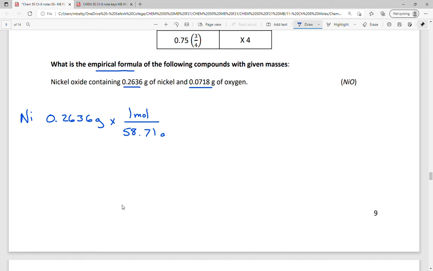And so if we do this, this gives us a number, and I'm going to write it all out, mostly for the sake of transparency here. I do find that giving about 4 digits is probably enough, and that number goes on, right? I'm going to do the same thing for the oxygen. So the oxygen tells me not percent, but just a straight up mass.